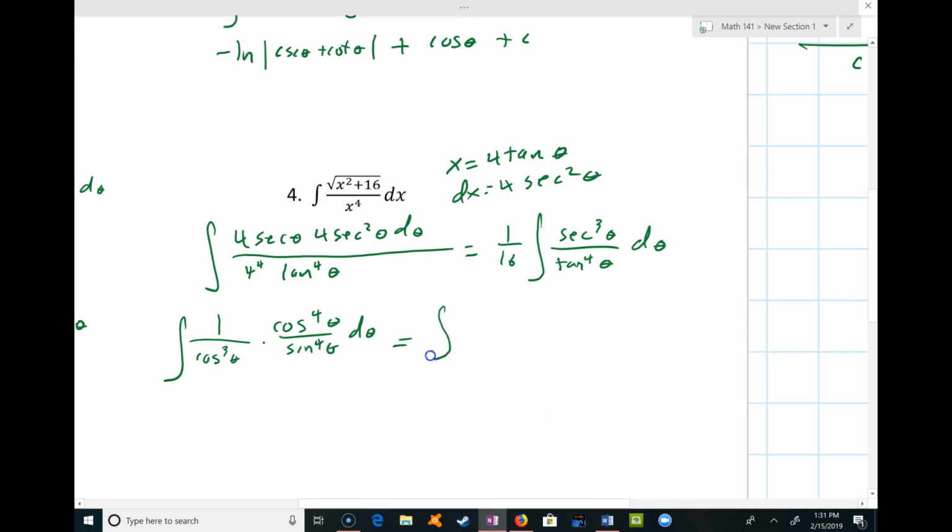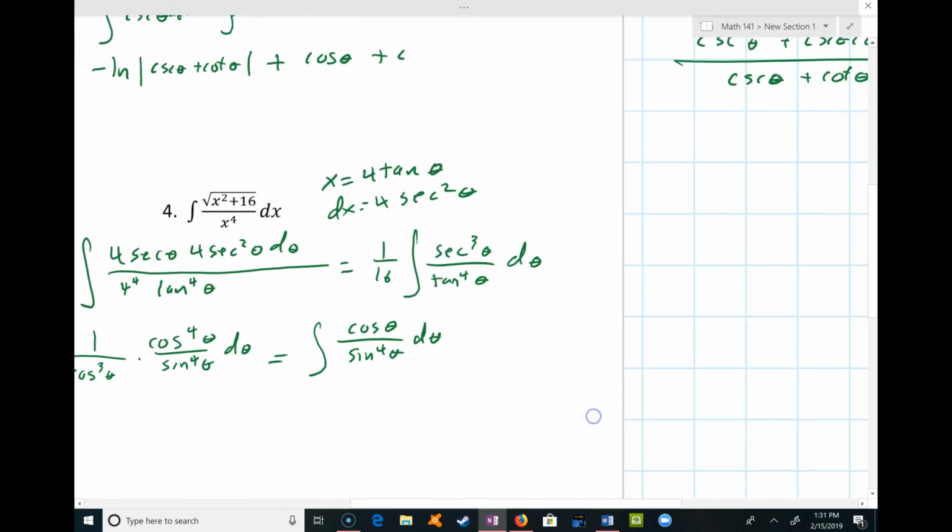So we've ended up with the integral of cosine theta on top and sine to the fourth theta on the bottom, d theta. And this is a classic opportunity for u substitution, because we could say that u equals sine of theta, and therefore du is equal to cosine of theta d theta.